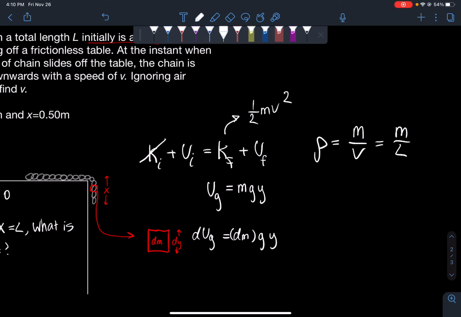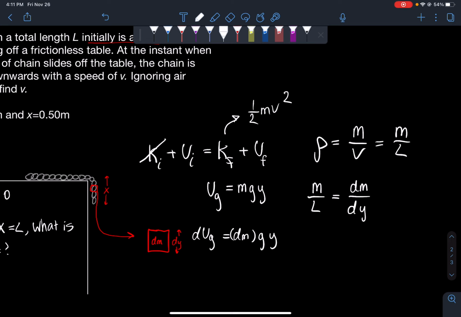So we could say that the density of the chain is the total mass compared to its total length. But that is the same thing as saying a small bit of mass compared to a small bit of length, which I'll call dy.